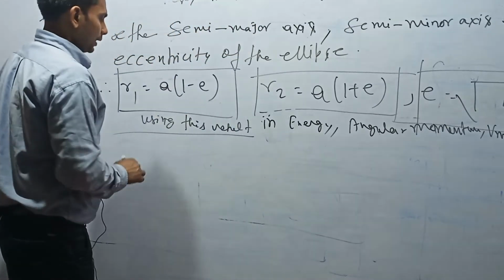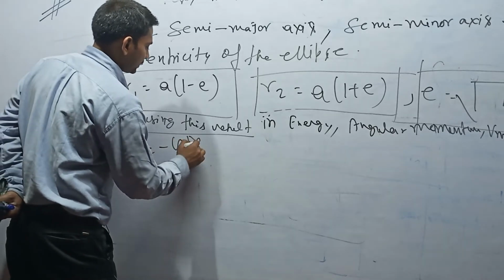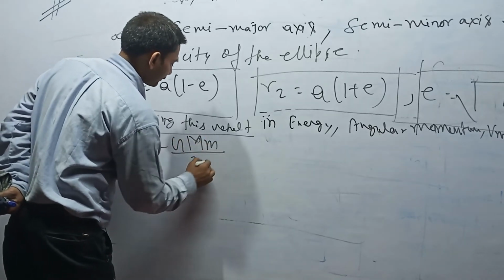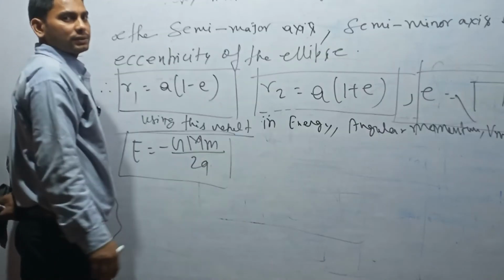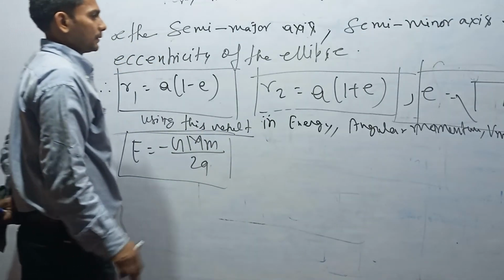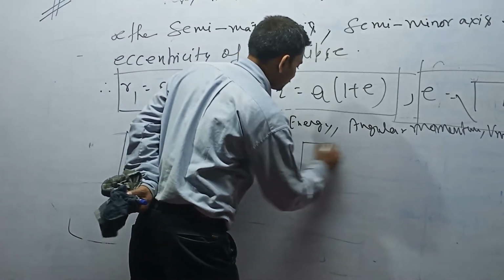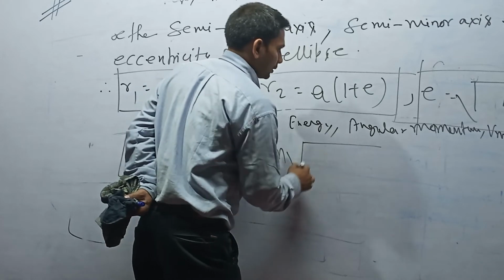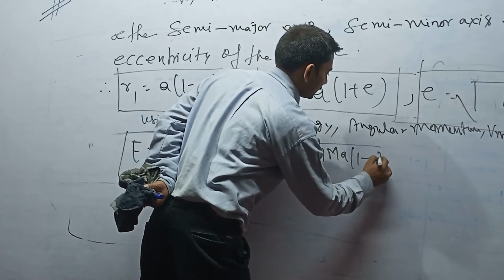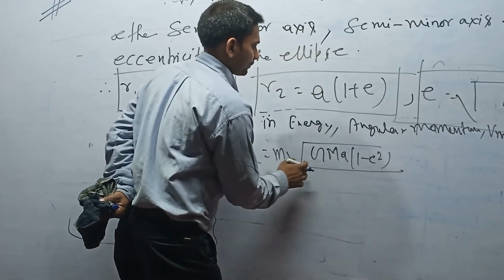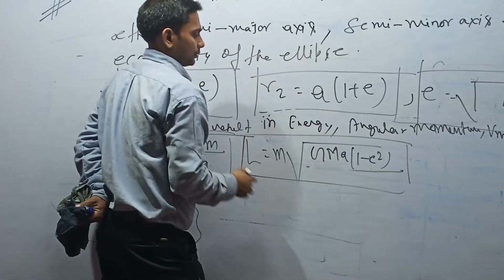So energy E is equal to minus capital G m M upon 2A. Here A is the semi-major axis. L is equal to m under root capital G M A(1 minus e square), the angular momentum.